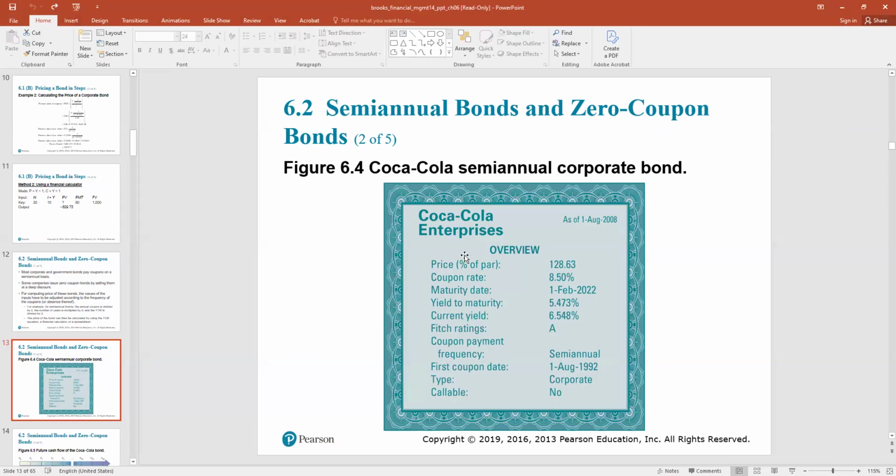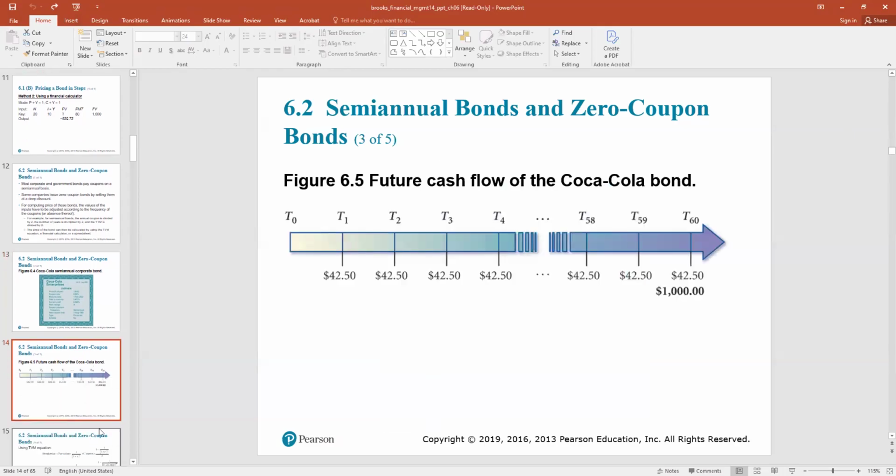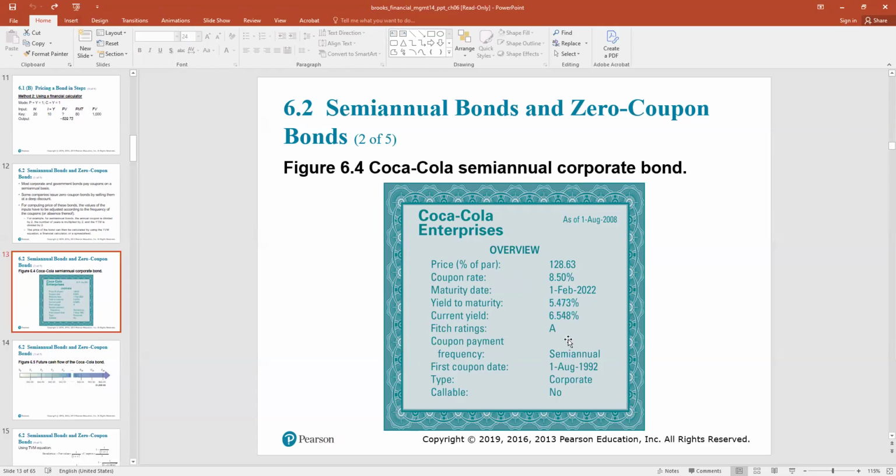That will be the price of the Coca-Cola bonds with a coupon rate of 8.5%, maturity date 2022. So 42.5 semi-annually. If you compute it, it's 30 years, from 1992 to 2022.